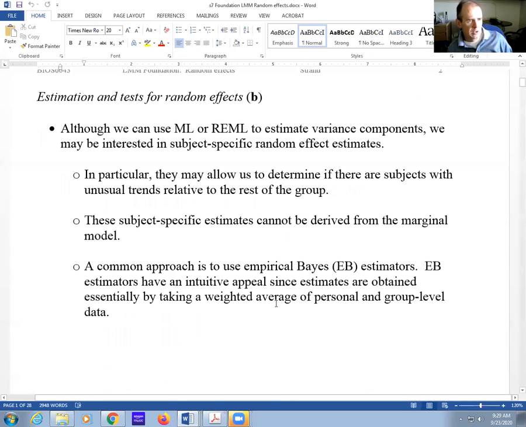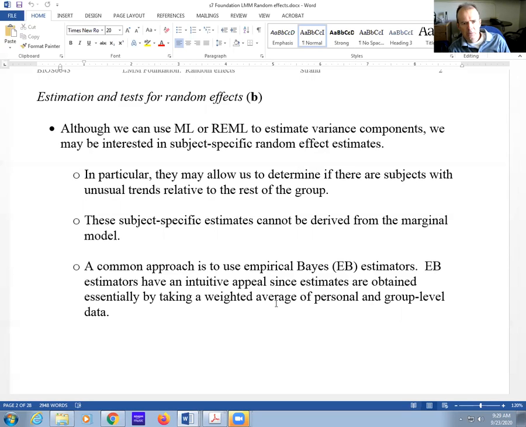So, estimation and tests for random effects. Just to step back for a second, we have a mixed model, and we have fixed effects and covariance parameters. Those are all parameters, right?